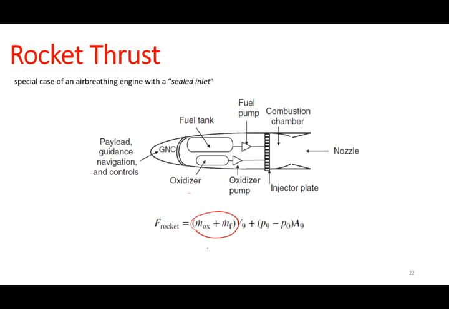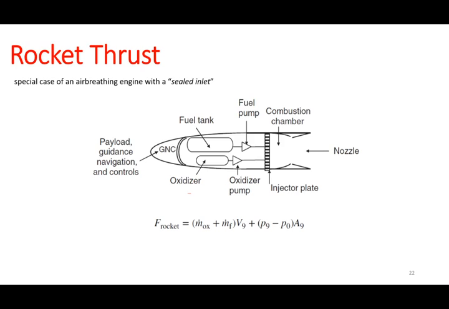This m.9 is going to be a summation of the oxidizer mass flow rate and the fuel mass flow rate multiplied by your exit velocity plus the pressure difference between the exit pressure, exhaust pressure, minus the ambient pressure multiplied by the exit area.